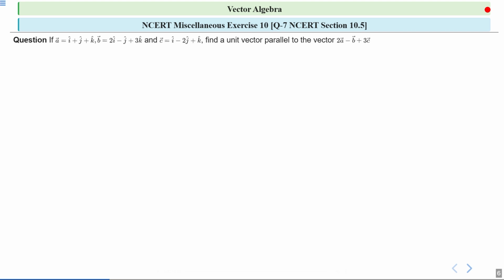The problem asks us to find a unit vector that is parallel to the vector 2A vector minus B vector plus 3C vector. So let's see how we can solve this.